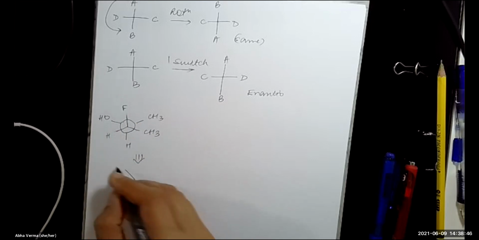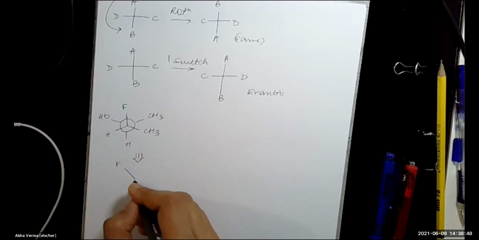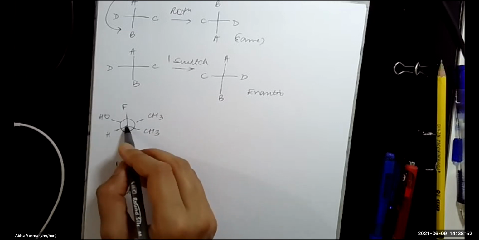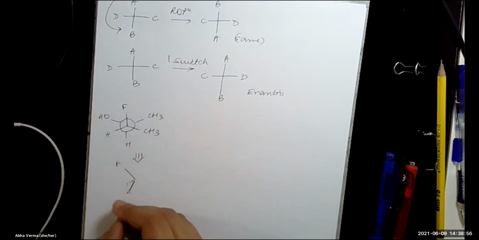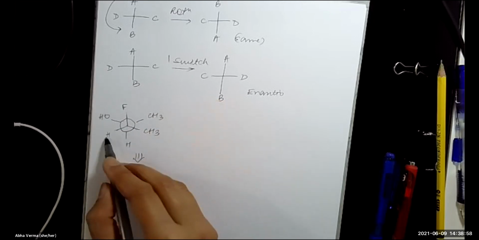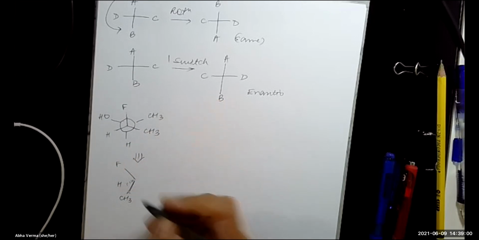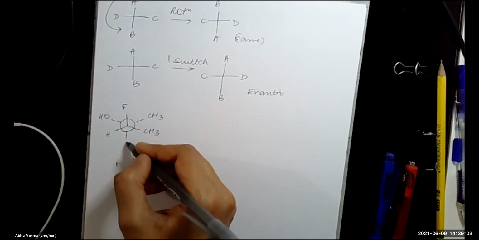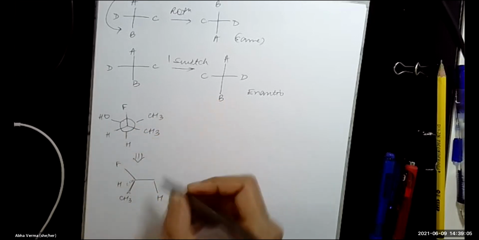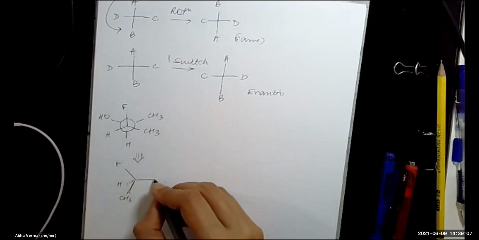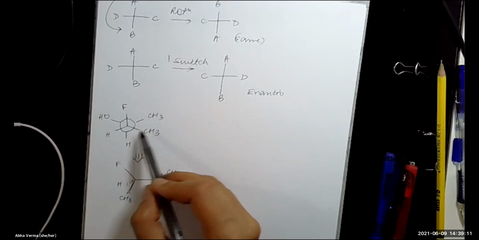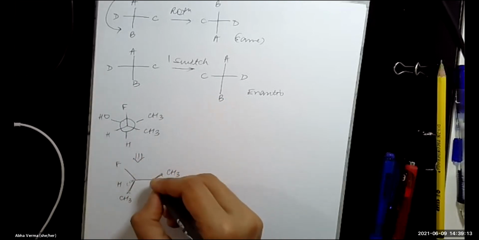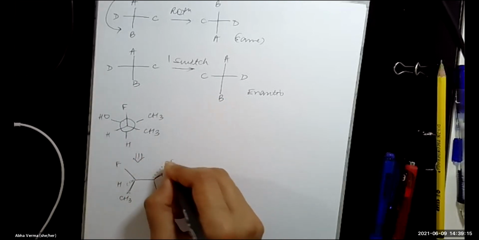I want to draw my F. So I'm looking at the front. From my front, CH3 is on my right hand side, so it will come out. H is going back. Now this H is going down. This CH3 will be coming out. This OH will go back.